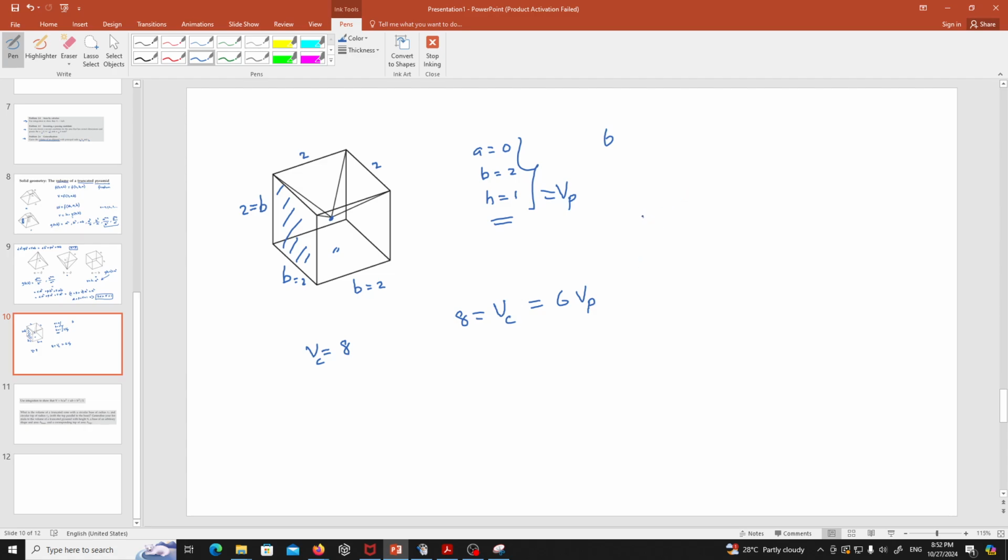In that case, what is the volume of the pyramid, Vp, with height 1? It is height, which is 1, into g of a comma b, which is g of 0 comma 2, and that equals 1 into alpha into 0 square plus alpha into 2 square plus gamma into 0 into 2.